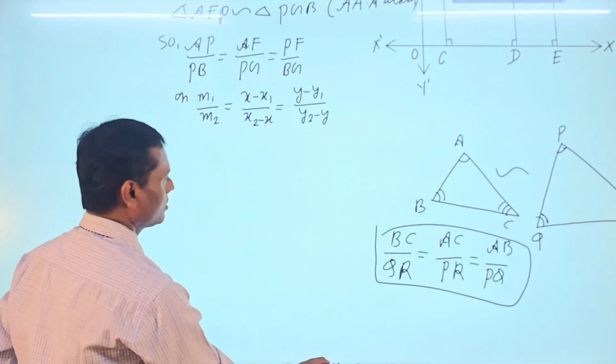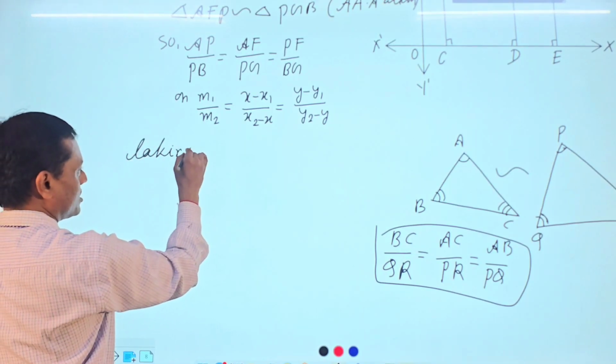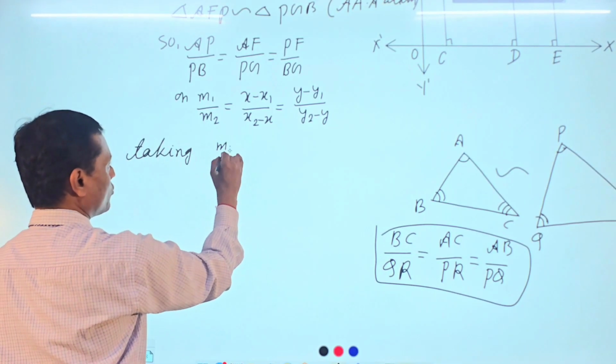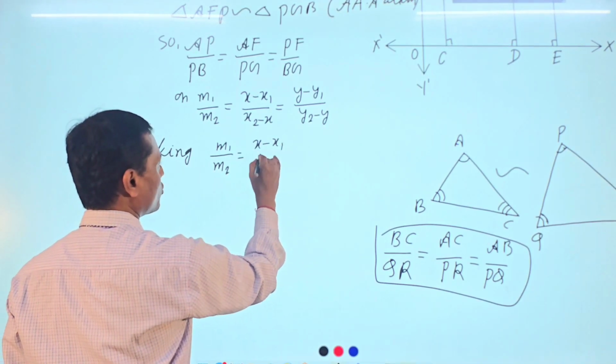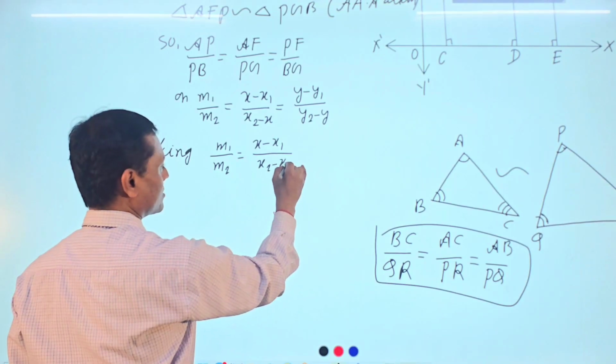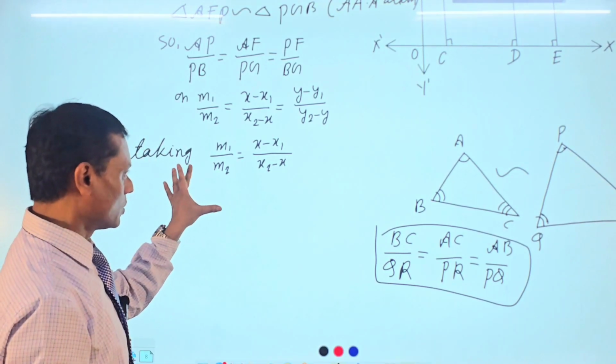Now see carefully here. We take first and second, so taking M1 over M2 equals X minus X1 over X2 minus X. Take these two at first, isn't it? So what to do now?